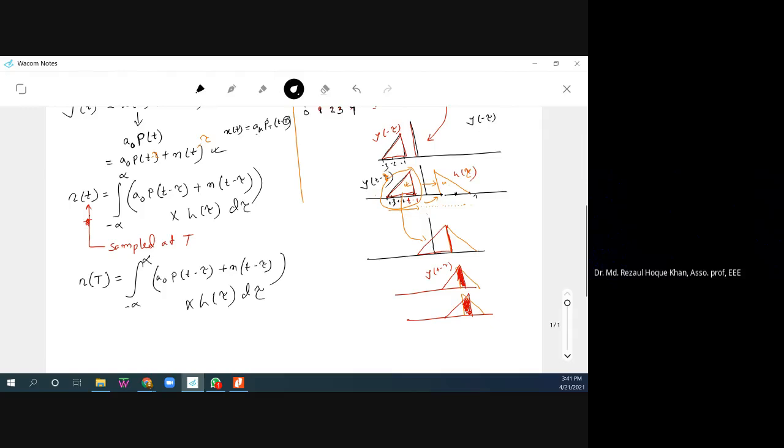Now h is multiplied with these two, so I will separate it.